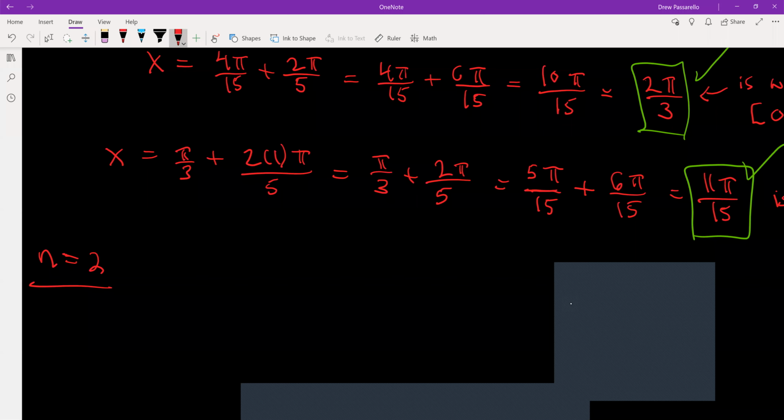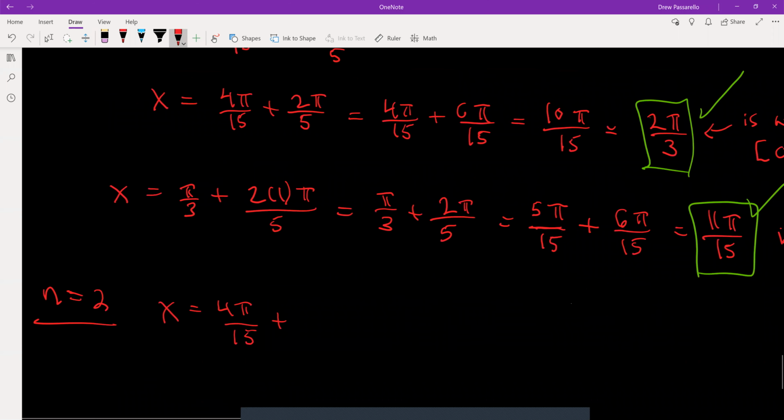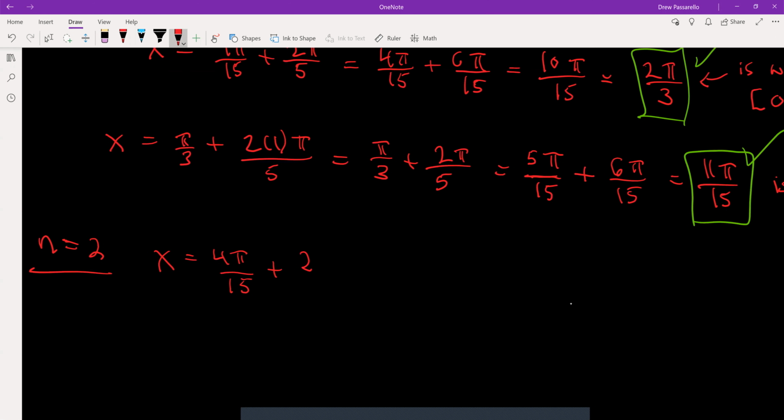All right, so the first one was 4 pi over 15. So x equals 4 pi over 15 this time, plus instead of 2 times 1 times pi, it's going to be 2 times 2 times pi over 5. So that's 4 pi over 15 plus 4 pi over 5.